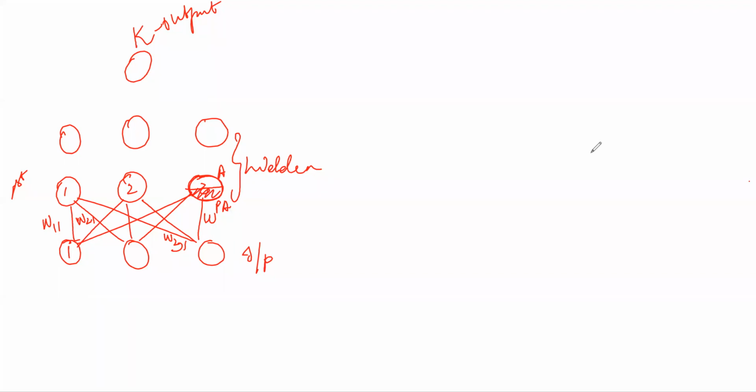What are the activation functions that we have seen so far? Sigmoid, step function. Yes, we have seen the step function. We have seen the sign function. We have seen the sigmoid function.